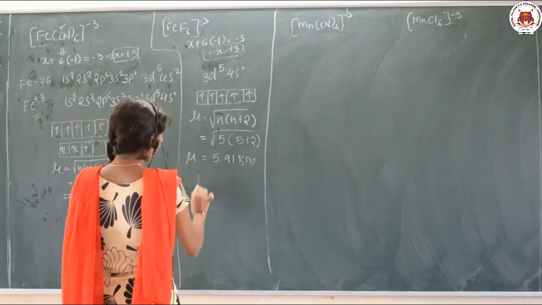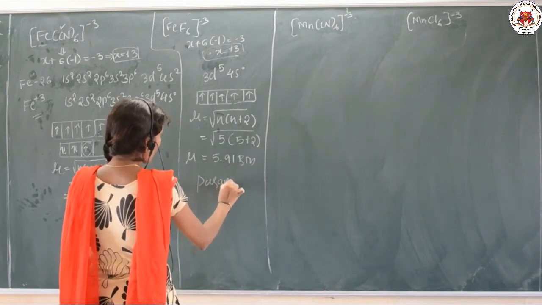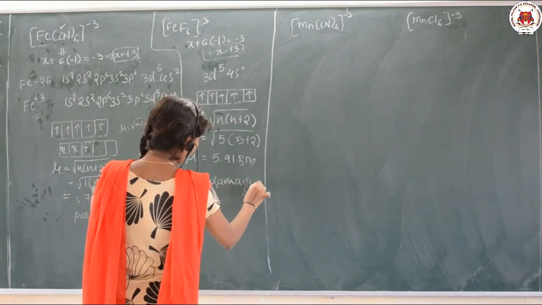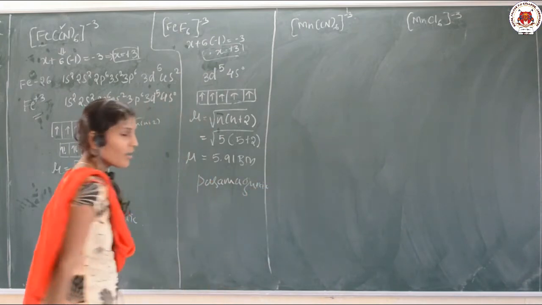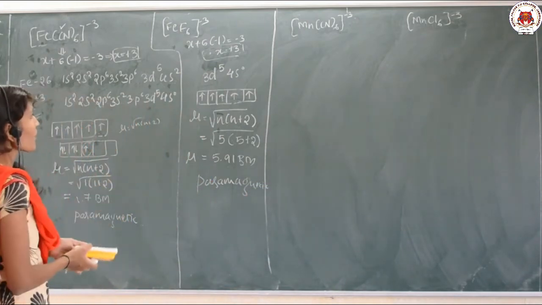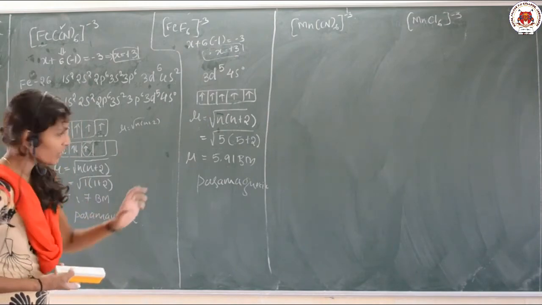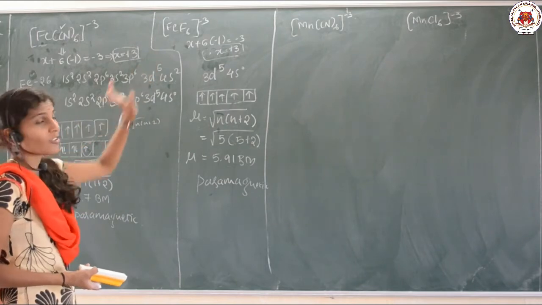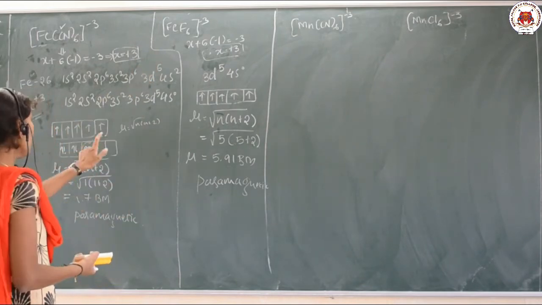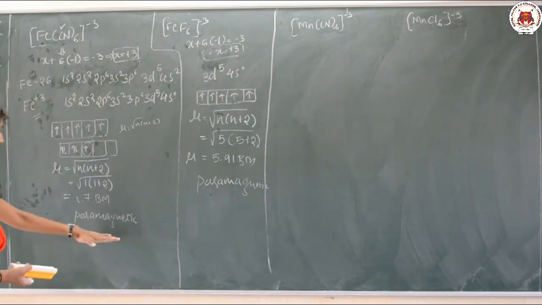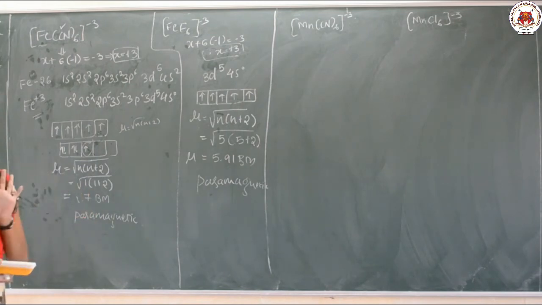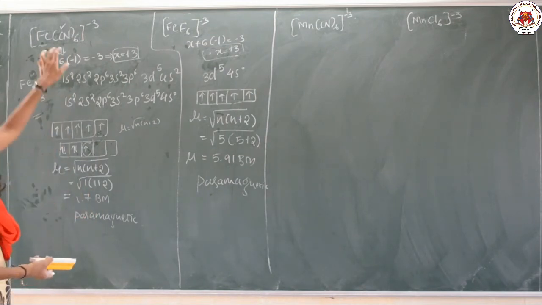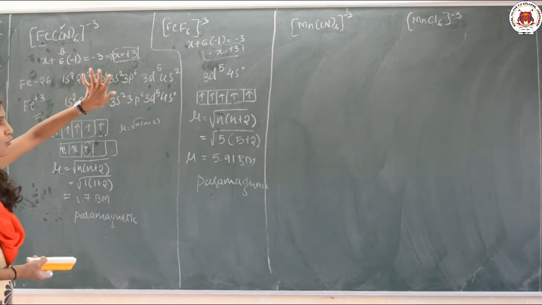So this is also paramagnetic. Both the complexes are paramagnetic in nature, but this is paramagnetic with 5 unpaired electrons because it consists of the weak field ligand, while here it is also a paramagnetic complex with 1 unpaired electron, and here it consists of the strong field ligand.